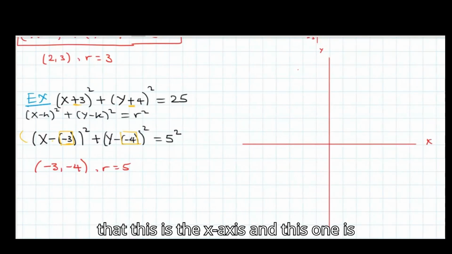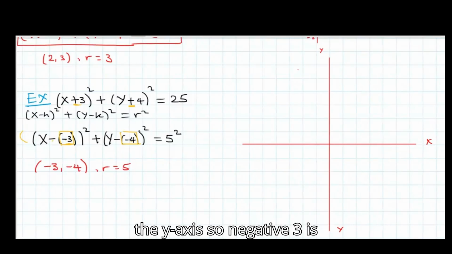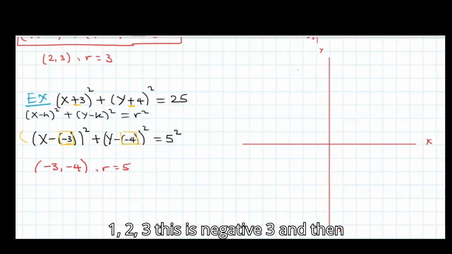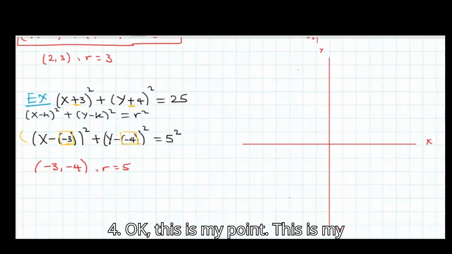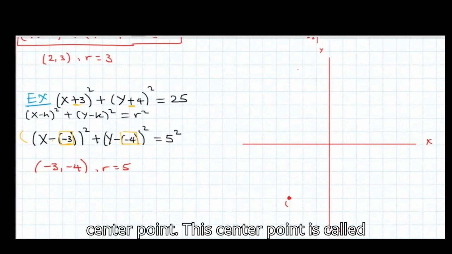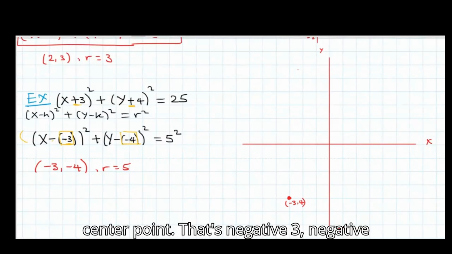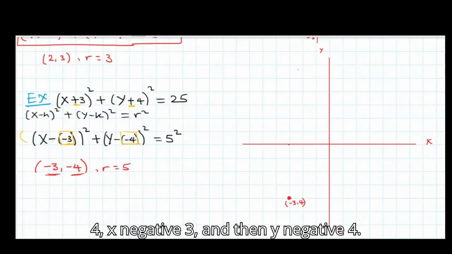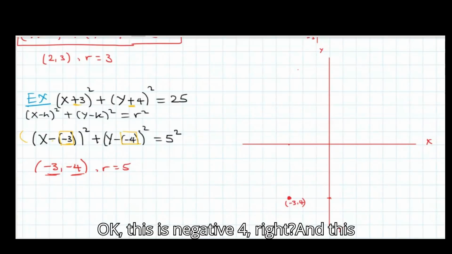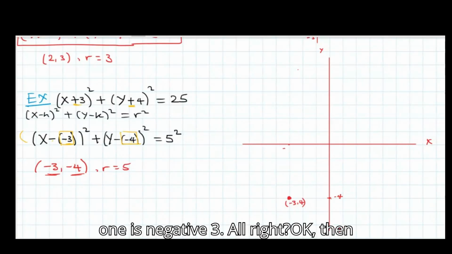As always, this is the x-axis and this one is the y-axis. So -3 is 1, 2, 3, and -4 is 1, 2, 3, 4. This is my center point, (-3, -4), x is -3 and y is -4.